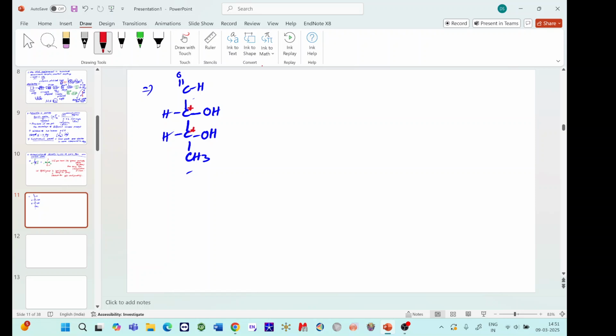So let us first do for carbon 1, right? For carbon 1, OH will be 1. Now we have to compare between the CHO and the other one. You can see this carbon is connected to 2 oxygen, 1 hydrogen. This carbon is connected to 1 carbon, 1 oxygen, 1 hydrogen. So this one will be your 2. 3 will be this one.